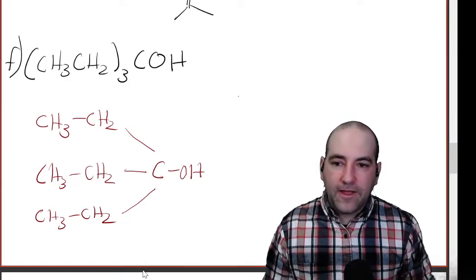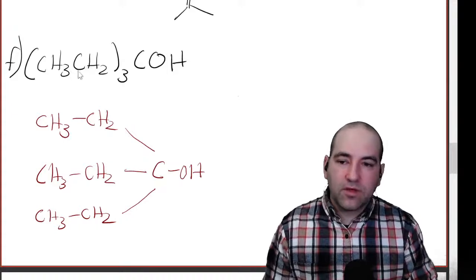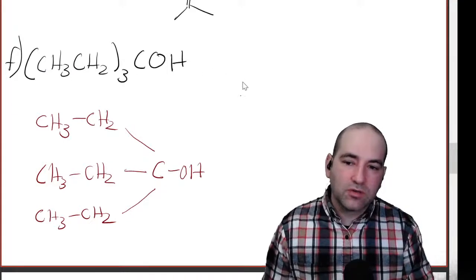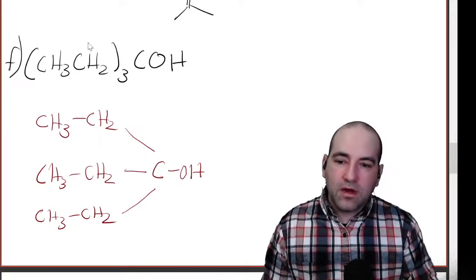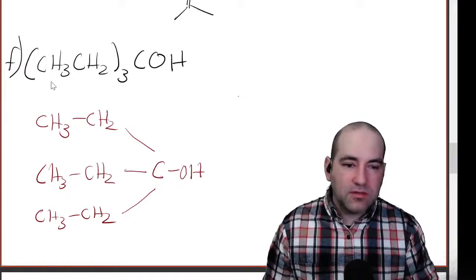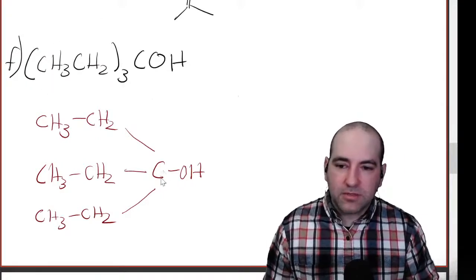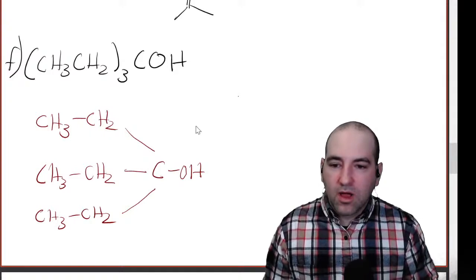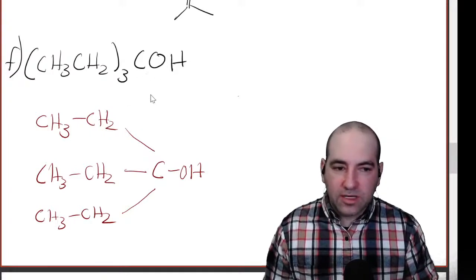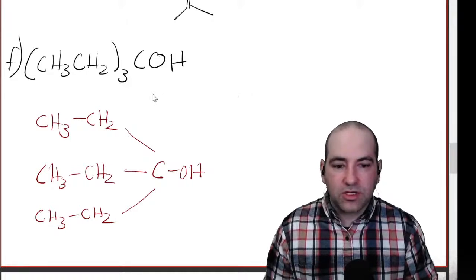That all looks good. If we had done something different here, like if we had put all those CH3, CH2s in a row, then not only would those CH3s have been messed up, but we also would have messed up this carbon here. That wouldn't have worked either. So if you check all the bonds and make sure everything has 4 bonds, that's a good way of making sure that you actually have drawn the right structure.